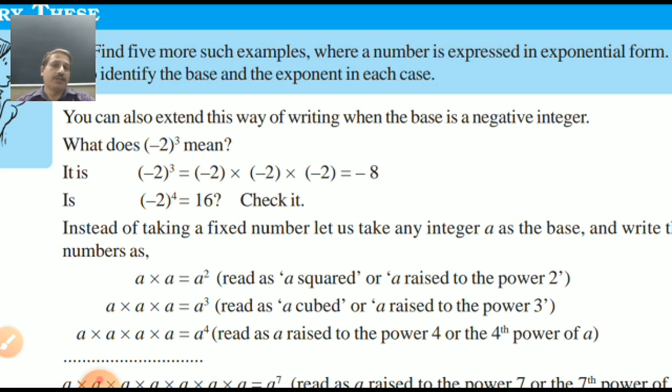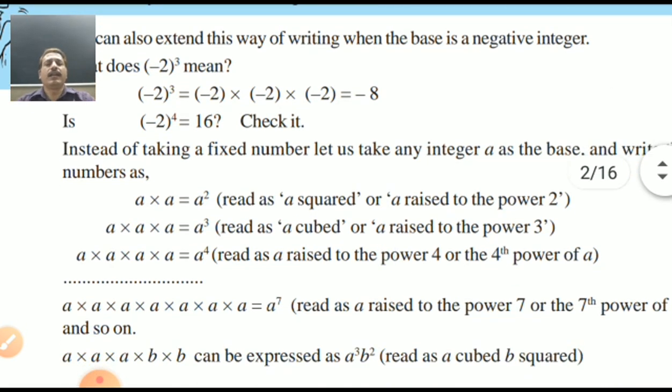Answer is minus 8. But minus 2 raised to 4 gives me 16 because 4 times even number. Whenever the exponent is even and your base is negative number, answer is positive. Good. So here we can say A into A in a systematical way, in symbolic way, or for general rule, A raised to 2, A raised to 3 and A raised to 4.